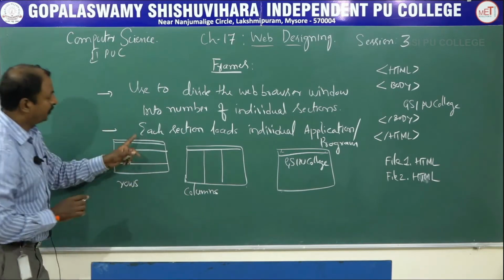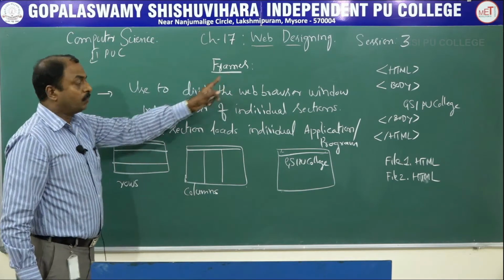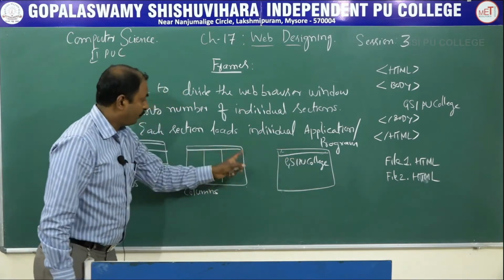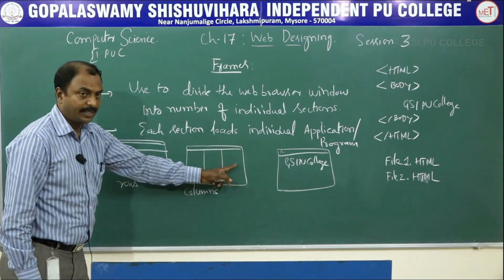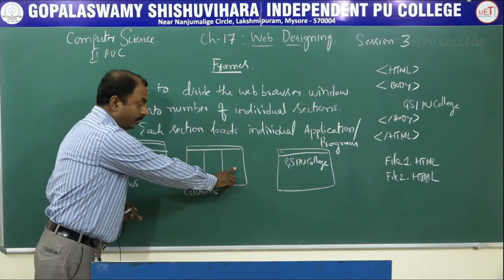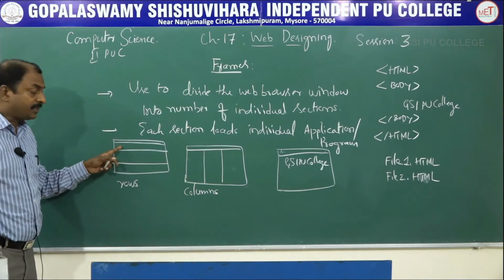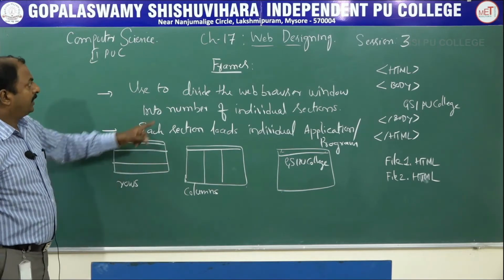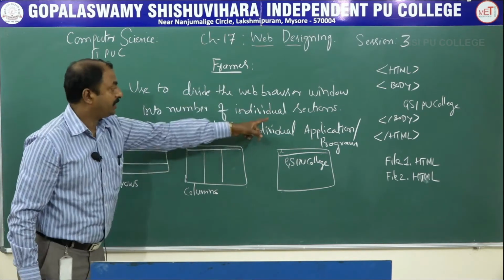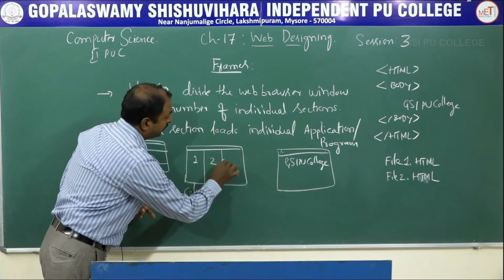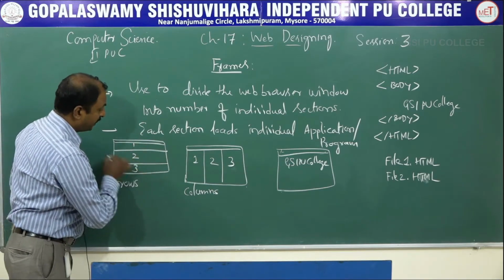This web browser window is divided into rows. So frames are used to divide the web browser window into a number of sections like this. Here we have divided it into 3 columns, and in this example into 3 rows. That is the meaning of frames. Here this is one section, second section, third section. In this example also, one section, second section, and third section.